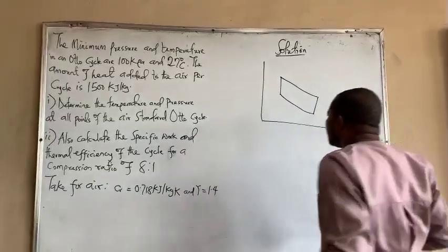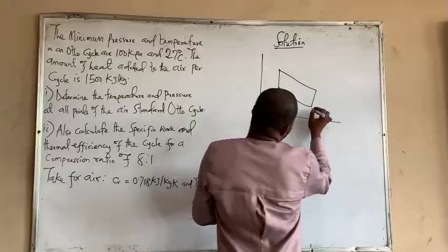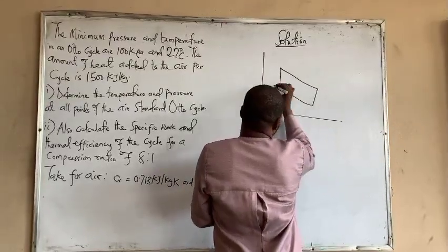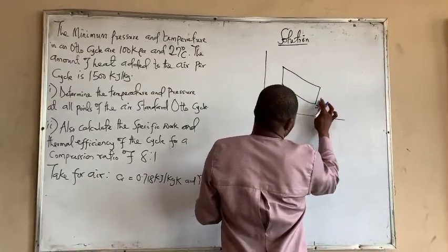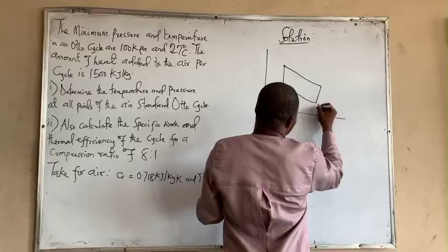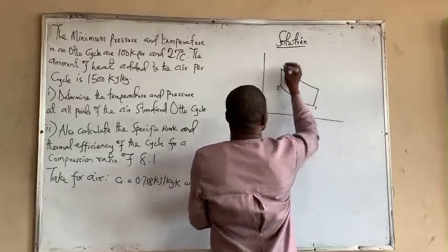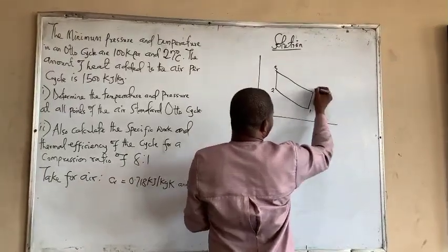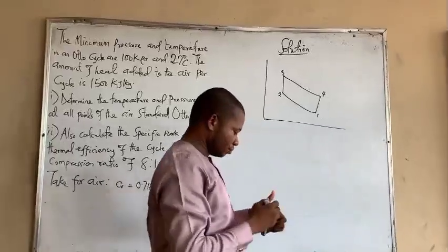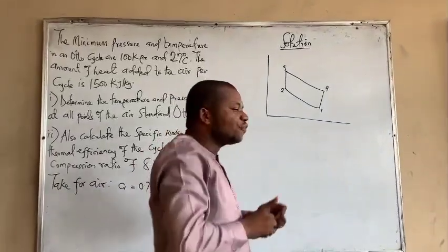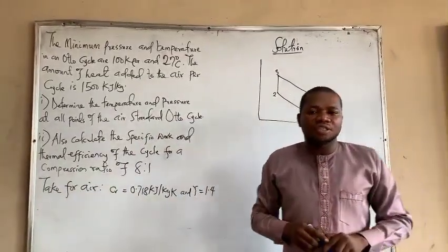I'm going to call this my compression, from here to here. I can label the points 1, 2, 3, 4.